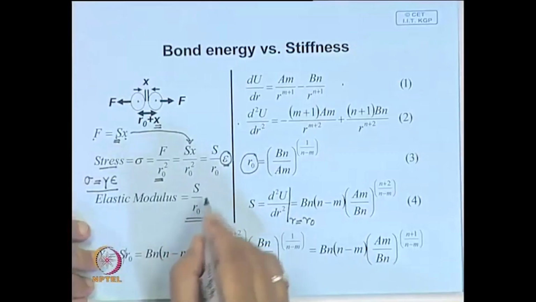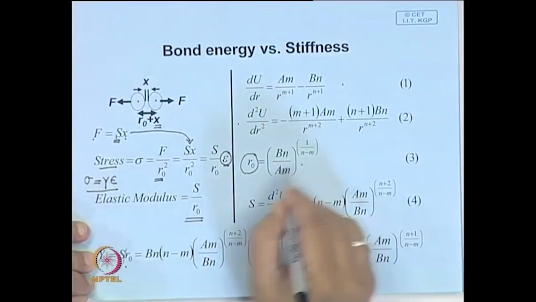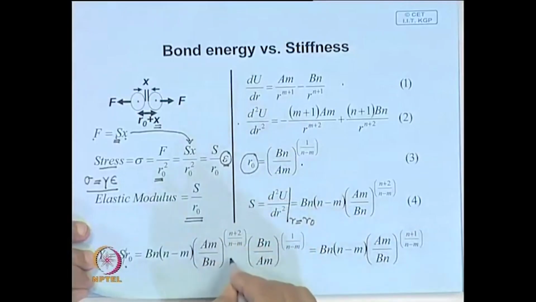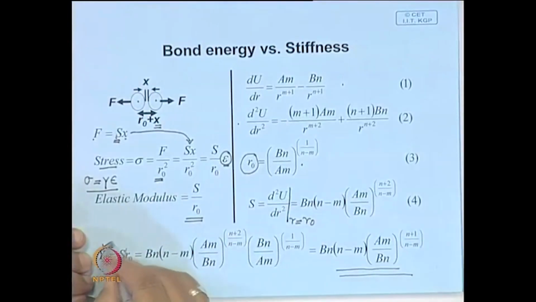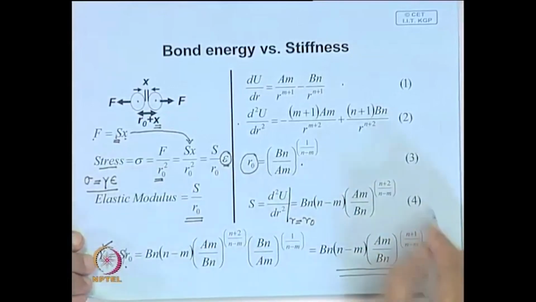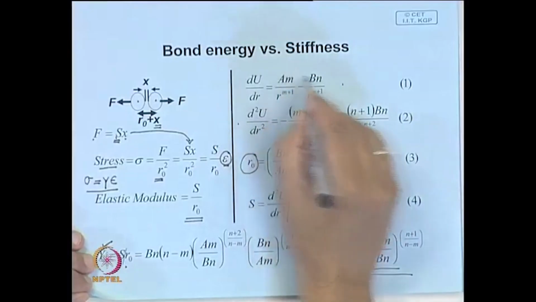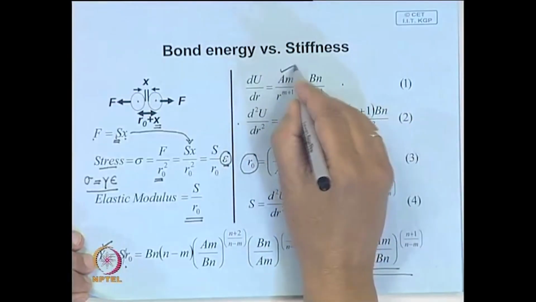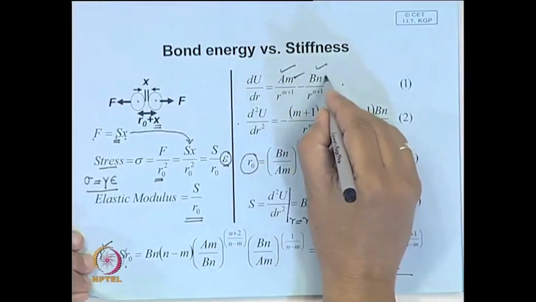Young's modulus will be S over r naught. So again you substitute this over here, you get this. So, there is a direct relationship between Young's modulus and the bond energy, or the coefficients which are defined by these constants A, B and the indices M and N.